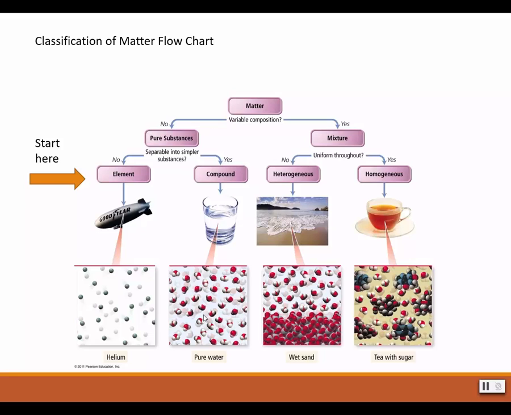For example, water, H2O, what you get out of the tap here at Rose State, is a pure substance. It's just water molecules. Salt, NaCl, is also a pure substance, but when you mix them together, you get a mixture.